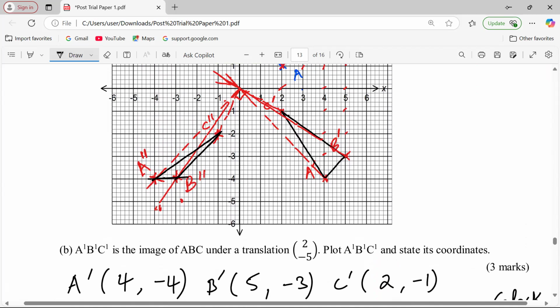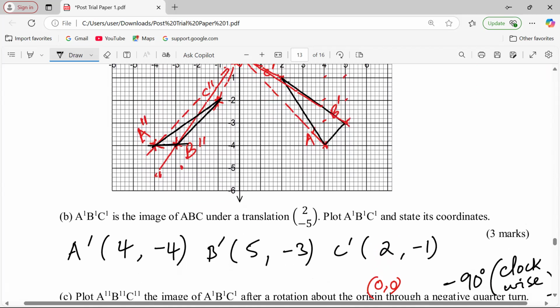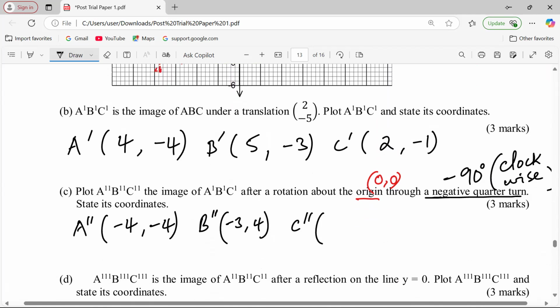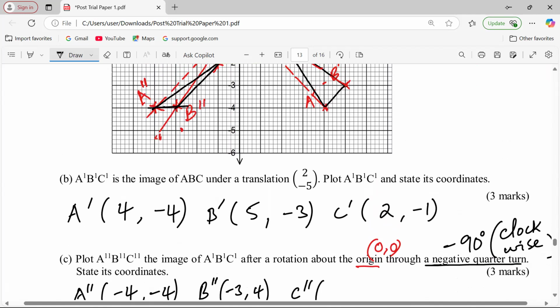B double prime is becoming -3, -4. This one I really doubt. Then we have C prime. So sorry for that inconvenience because of the kind of a grid that we are using.